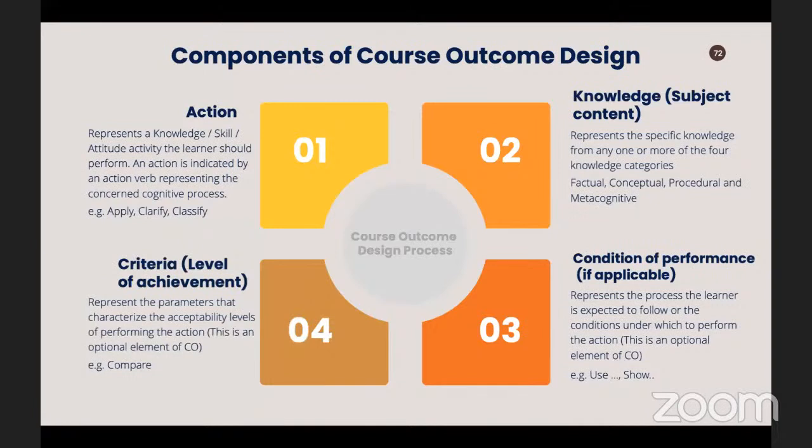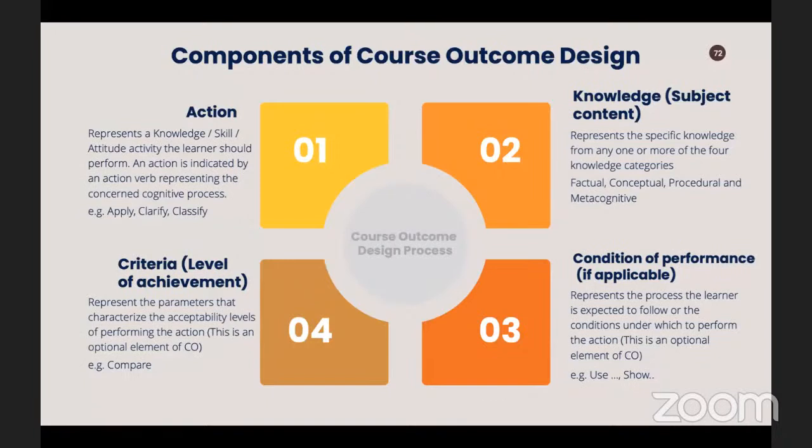And the fourth part of the course outcome is criteria. So they have followed the process, and the results or outcomes are achieved by them from this process that they followed. Now you want them to compare that, let's say, with some other international standard, or between groups of students. Group 1 achieved something, group 2 achieved something.